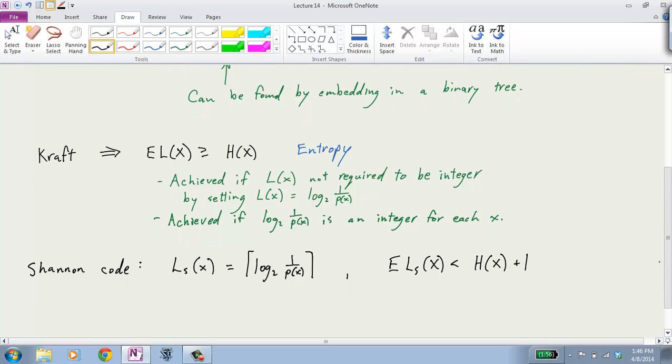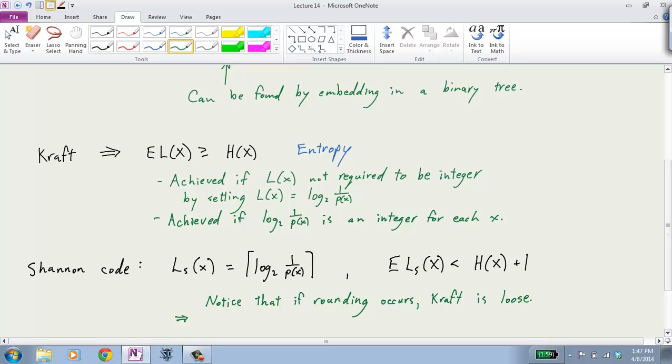Now notice that in most cases, if rounding occurs, then this won't satisfy Kraft inequality with equality. It'll satisfy it, but it will not be tight. So if rounding occurs, then Kraft is loose, and therefore the Shannon code cannot be optimal, because if Kraft is loose, it's inefficient.